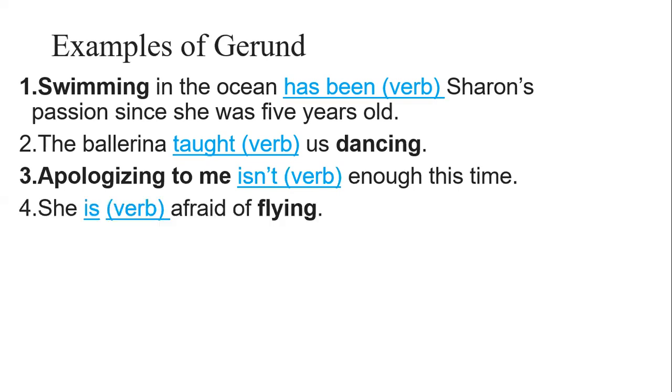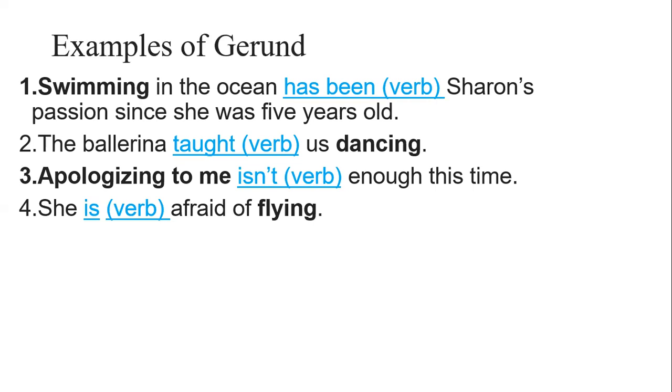She's afraid of flying. She is. Is what? Is a verb. And she's afraid of what? She's afraid of flying. You may write she's afraid of beating, she's afraid of hitting, she's afraid of snatching.